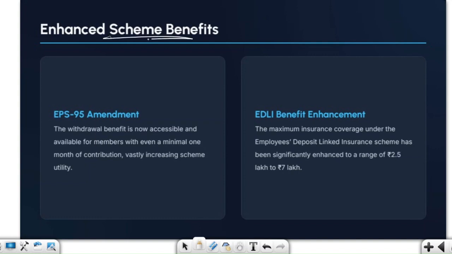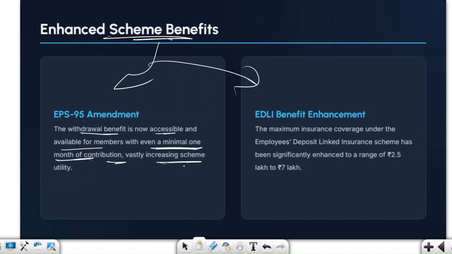Next, enhanced scheme benefits. So what does this enhanced scheme benefits talk about? Here we are saying that just remember, the withdrawal benefit is accessible and available for members even with a minimal 1 month of contribution, vastly increasing the scheme utility.